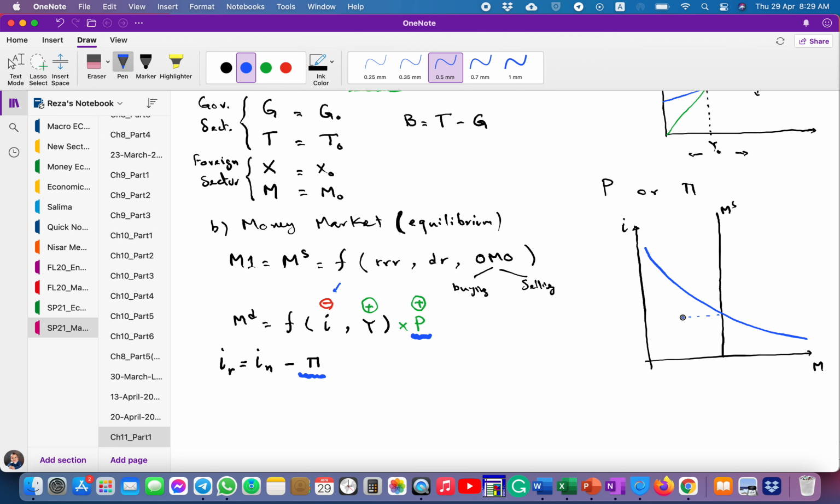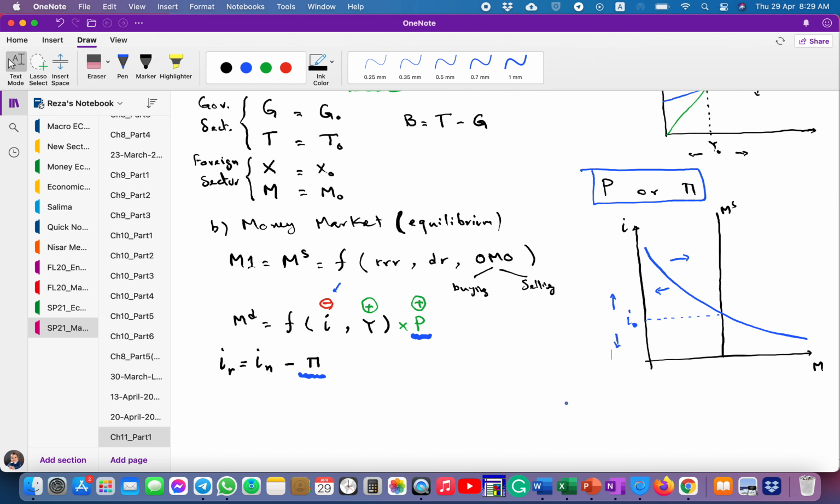And then there is going to be an equilibrium level of interest rate. If the price level changes, then there's going to be a shift in the demand. A shift like this may cause the interest rate to go up or down.